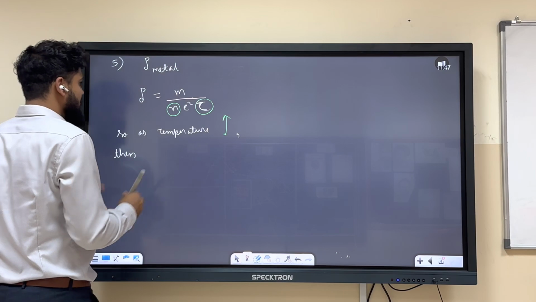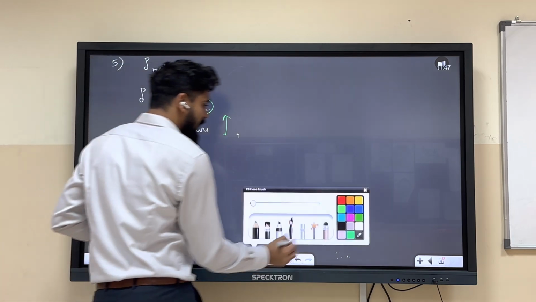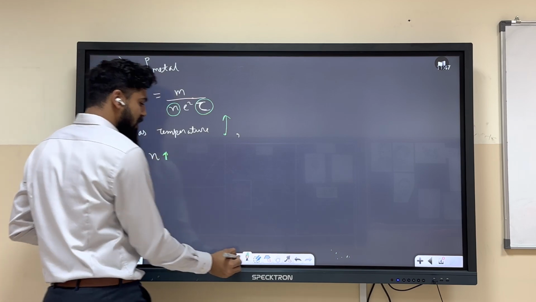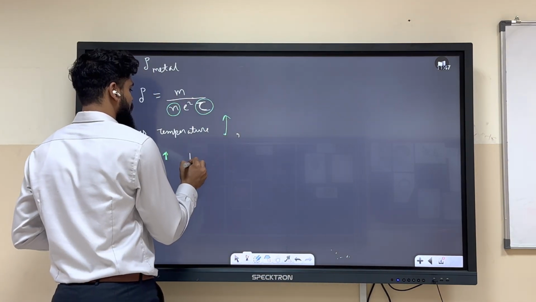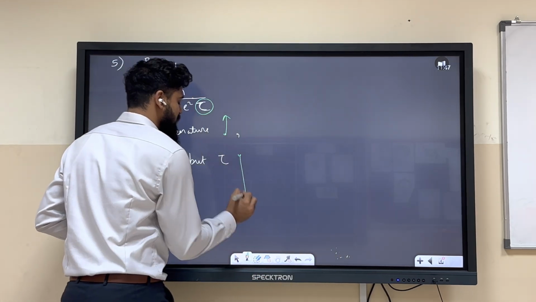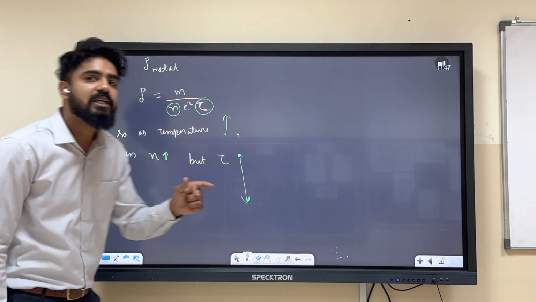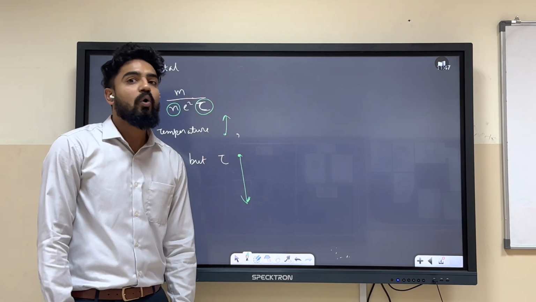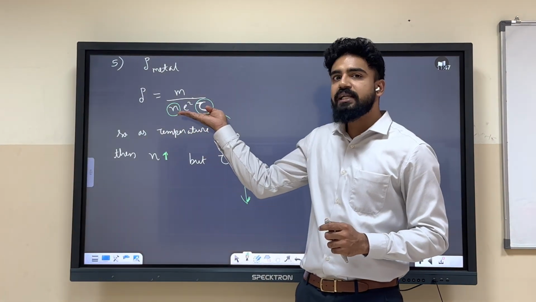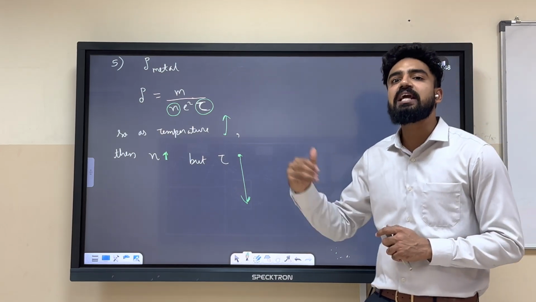So as temperature increases, yes my friend, the electron density increases a little bit, but the relaxation time decreases. So overall the denominator is increasing or decreasing? It is decreasing. Overall the denominator is decreasing. That's why the resistivity increases.